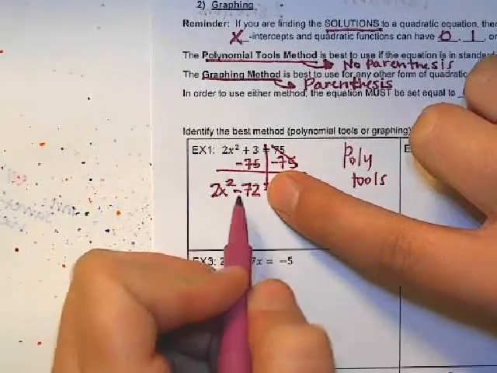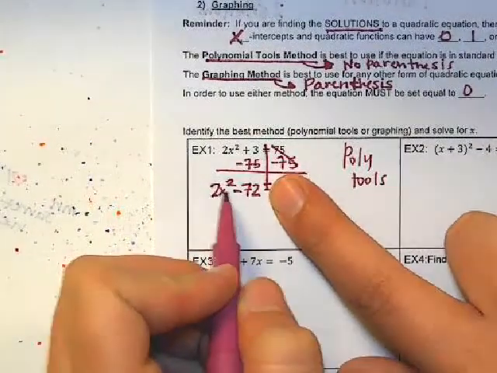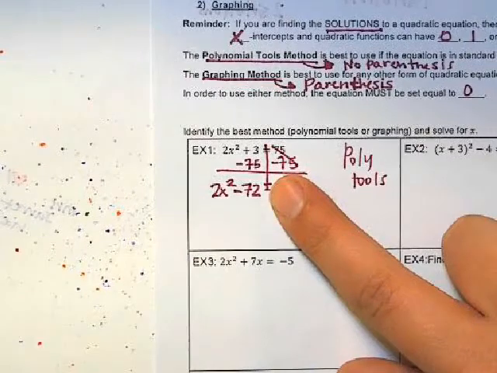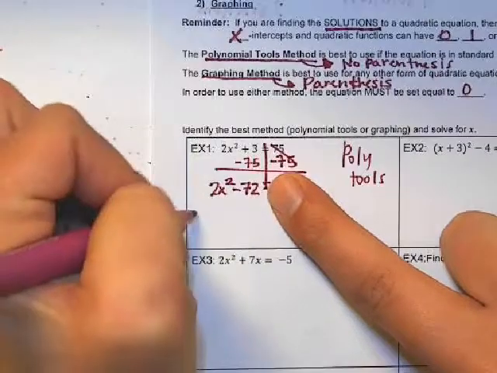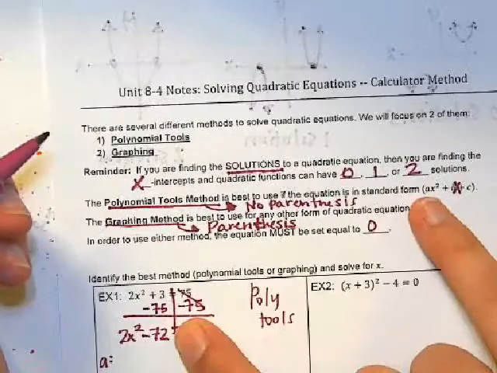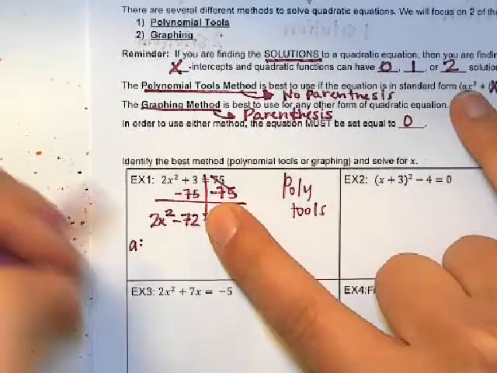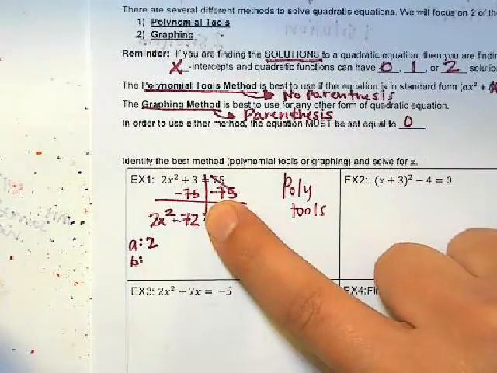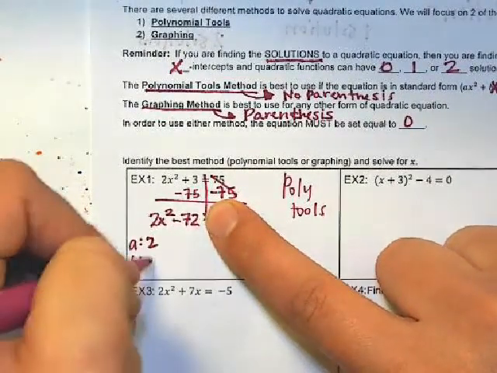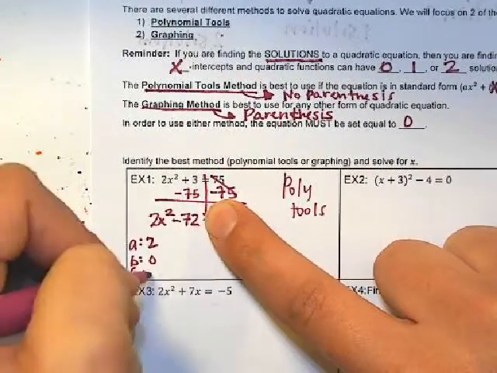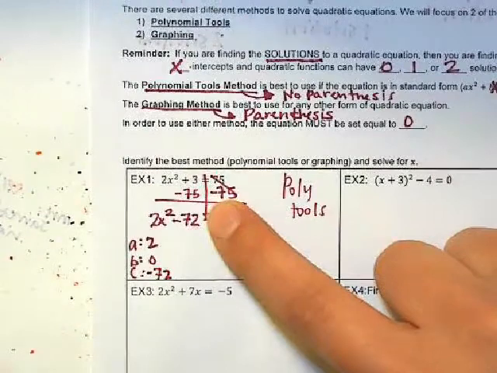I have the x squared, right? Do I have the regular x? No. Do I have just the number? Yes. So my a number is what? My a is the number that goes with the x squared, which is 2. What's my b number? 0. I don't have a b, so we say that's 0. And what's my c number? Negative 72, just the last number by itself.